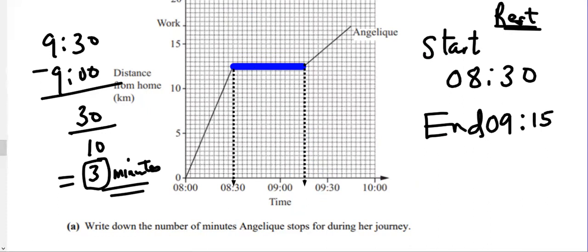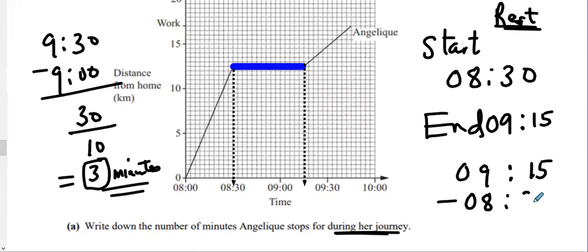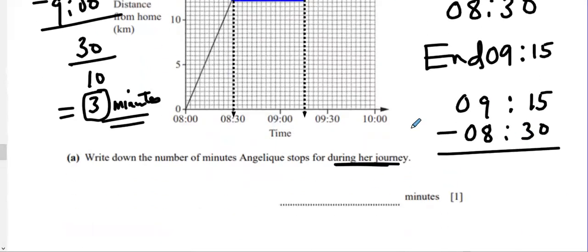Okay, now the question is, write down the number of minutes Angelic stops for during her journey. So you need to take the end time, which is 09:15, then take away 08:30. Subtract that. Okay, so 15 minus 30 is not possible. So you have to take 1 hour from here. You remain with 8.